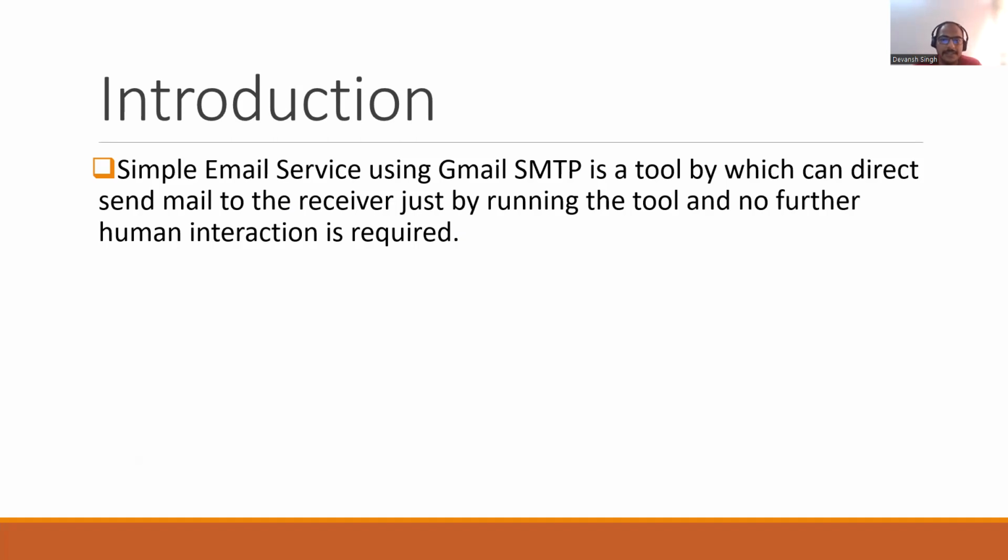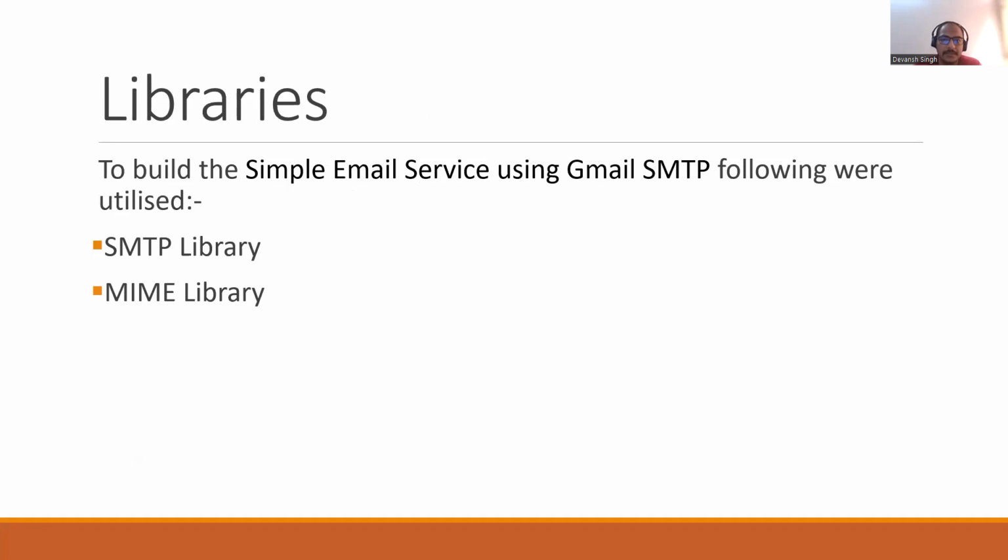The libraries used to build this tool were SMTP, the short form for Simple Mail Transfer Protocol. This protocol is used when a mail is sent over the internet, so it is used for transferring the mail.